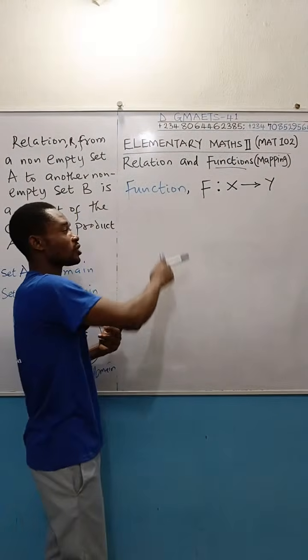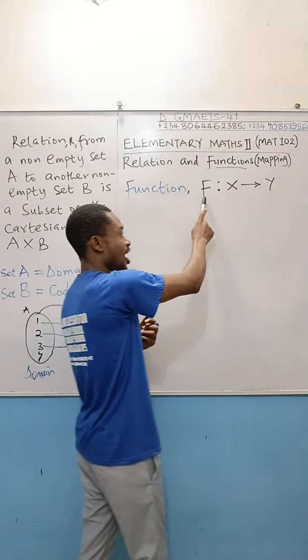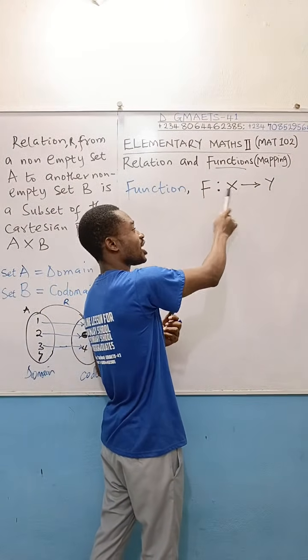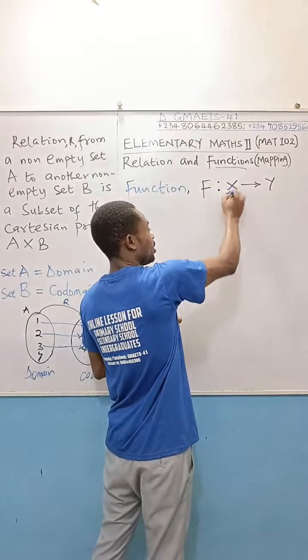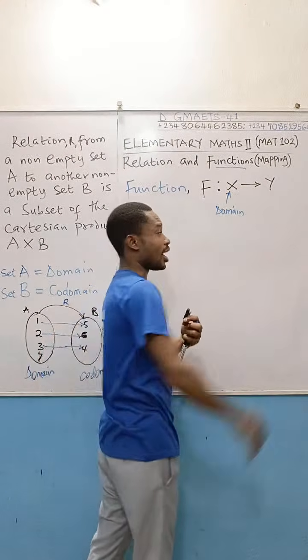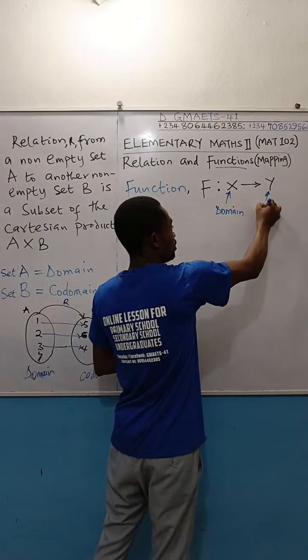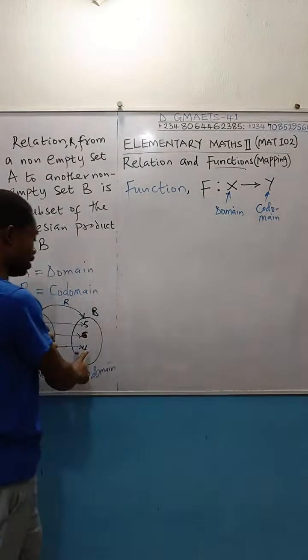Remember, function is also known as mapping. So the way we read this is f is such that, that is a function such that x is mapped to y. In this case, x is the domain, just like A there. Are you following, right? And y is the codomain, just like B in this case.